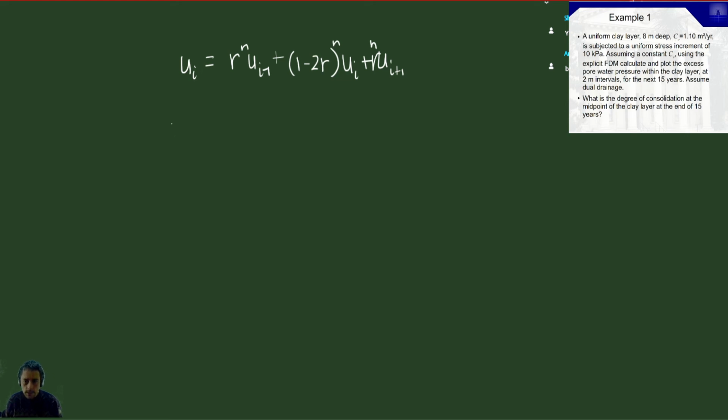So let's say that you have u0, the pore pressure at time 0. So that's at time n plus 1.